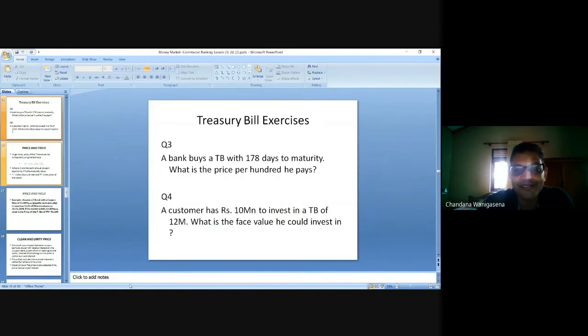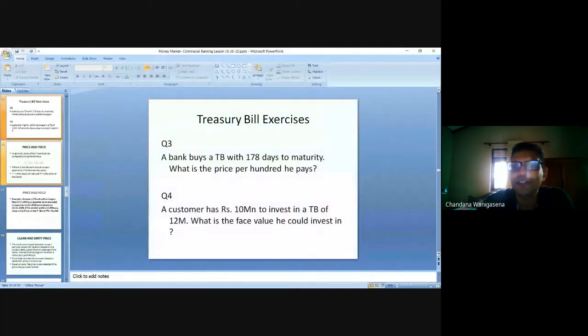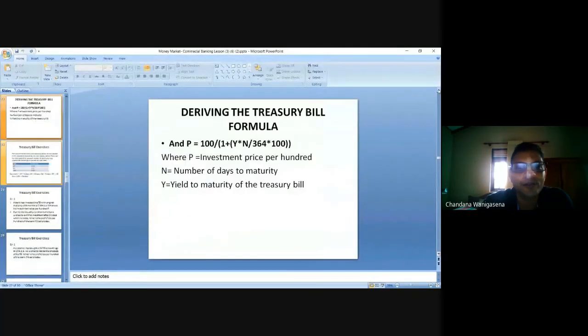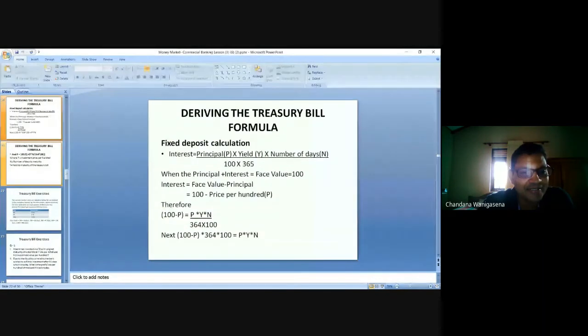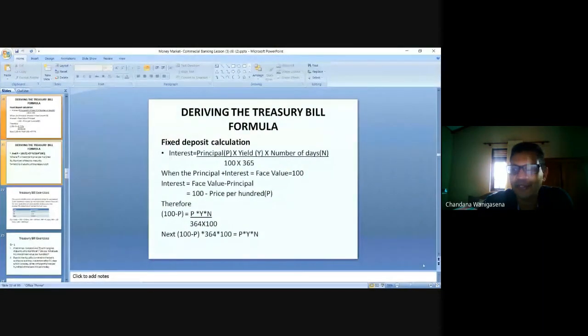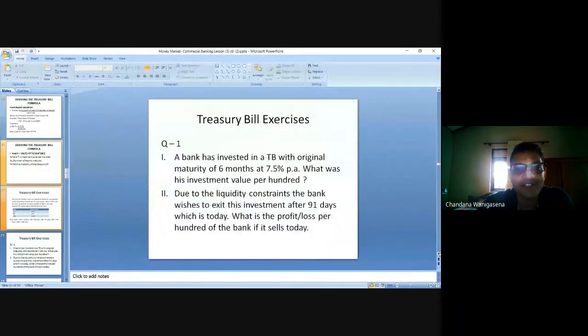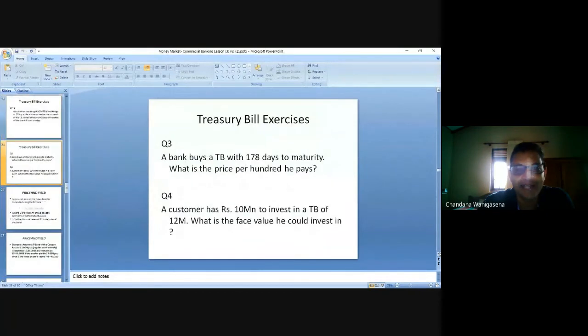So 10 million is the principal. What is the face value? Face value is principal plus interest. The principal here in this question is 10 million.